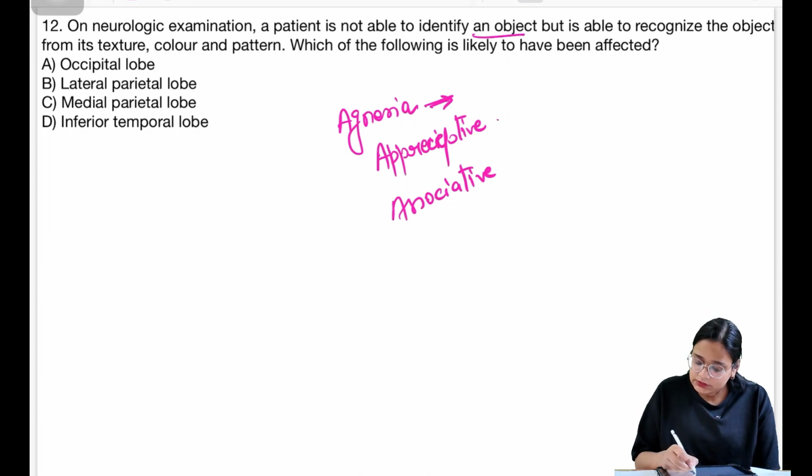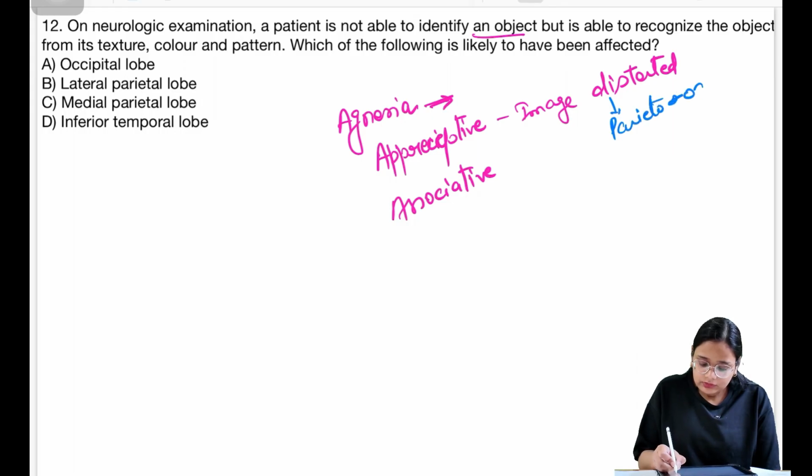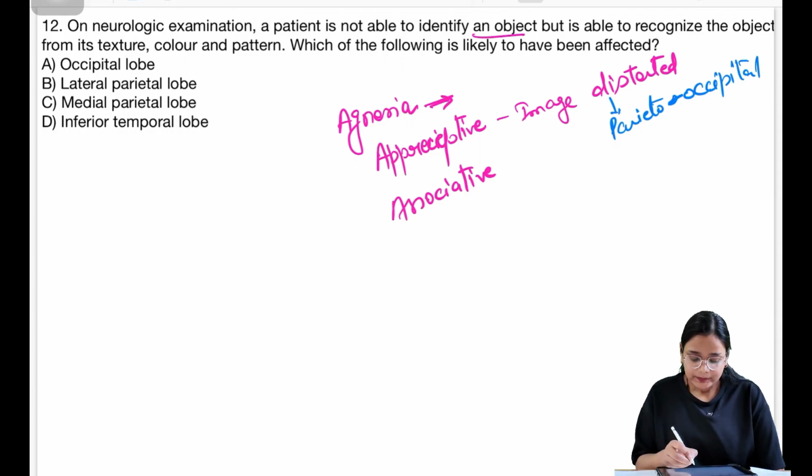So the image is distorted or not properly formed. Whenever we have any lesion in the parieto-occipital region, it will lead to apperceptive visual agnosia.